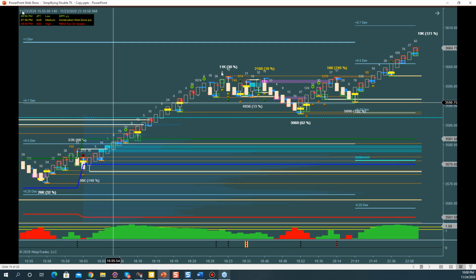But what do you see right here? We've got an up close bar, down close bar, 2 bars up, 2 bars down, 1 bar up, 1 bar down. You're in some choppy crap right there. You do not take these. Do you see what I mean now?